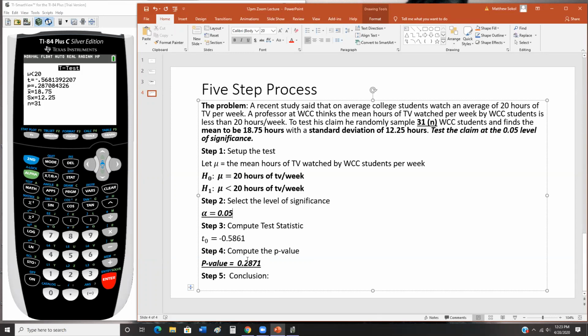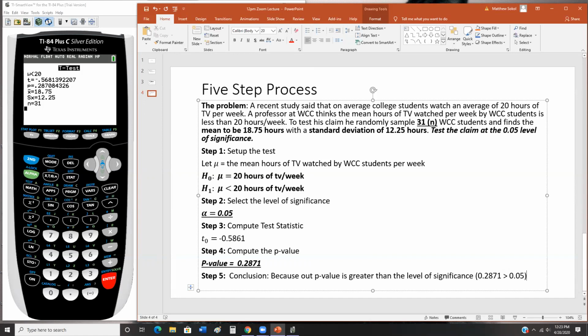When the p-value here is greater than the level of significance, which it is, because our p-value is greater than the level of significance. So what we're seeing here is that this value 0.2871 is greater than 0.05.